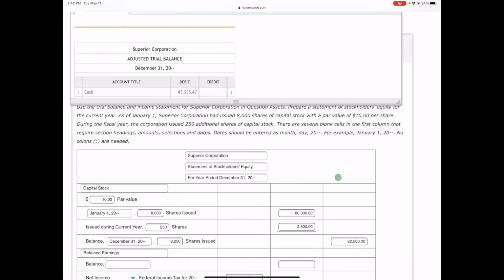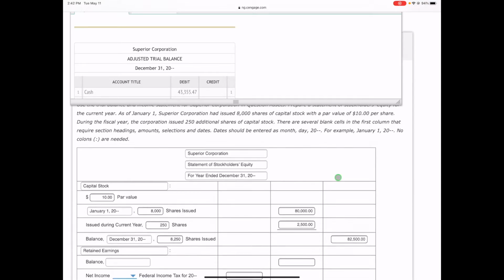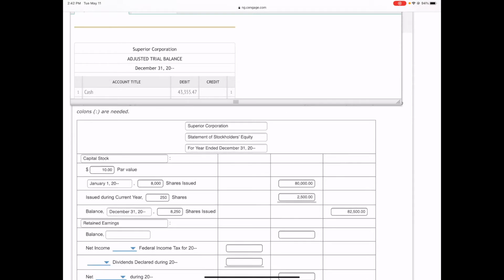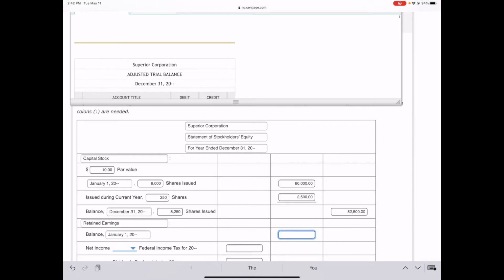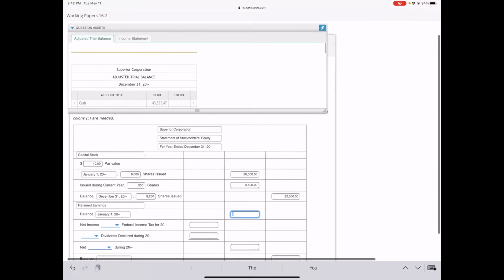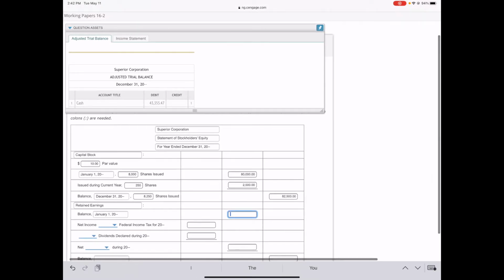Okay, so our capital stock is worth $82,500. The next section is our retained earnings. Remember, retained earnings is the amount of net income before dividends have been declared. So our balance of retained earnings on January 1st is, and we're going to scroll up here, we need to go to our adjusted trial balance.